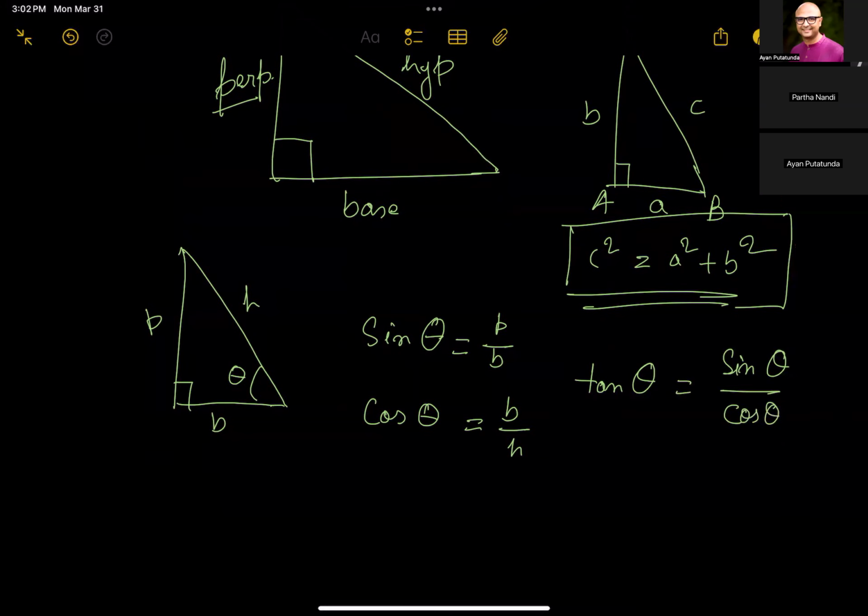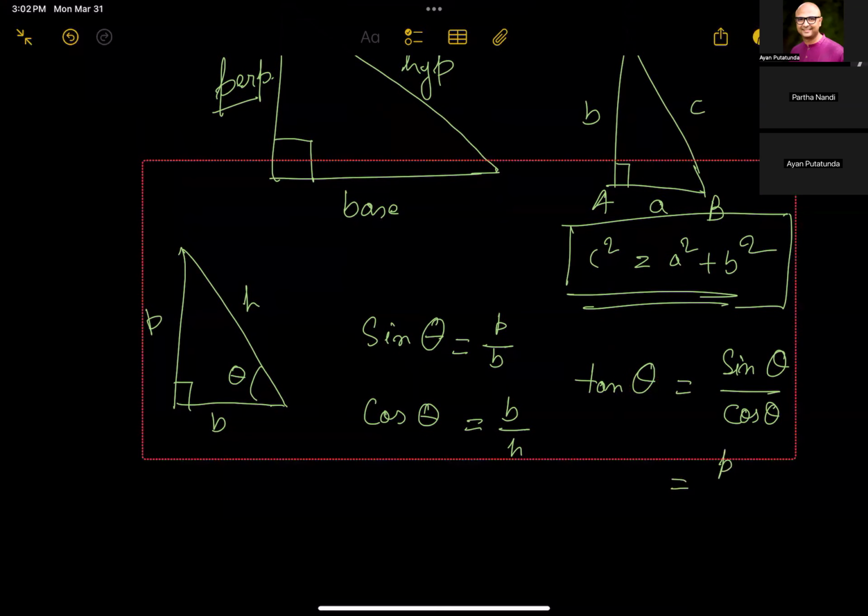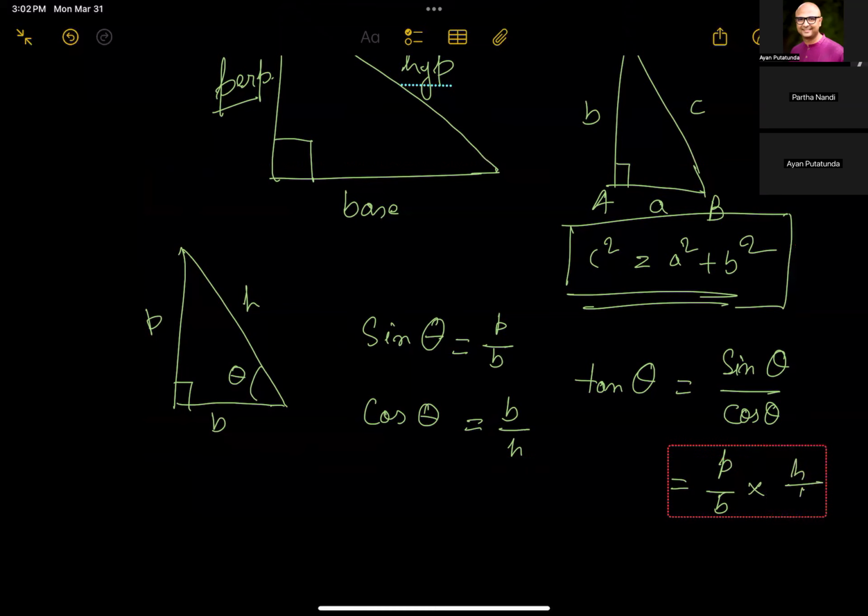Correct? So in these two equations, perpendicular by base is your sine theta, that into 1 by cos theta, which is like hypotenuse by theta.